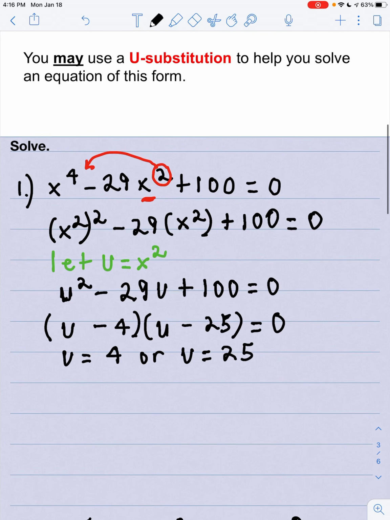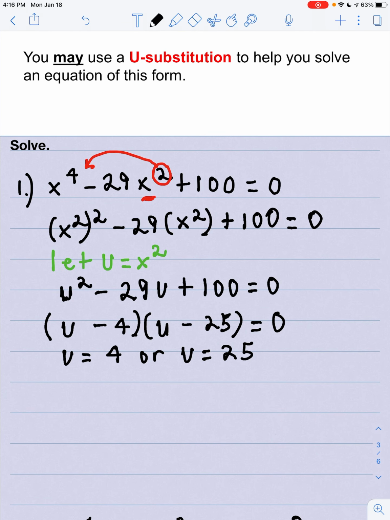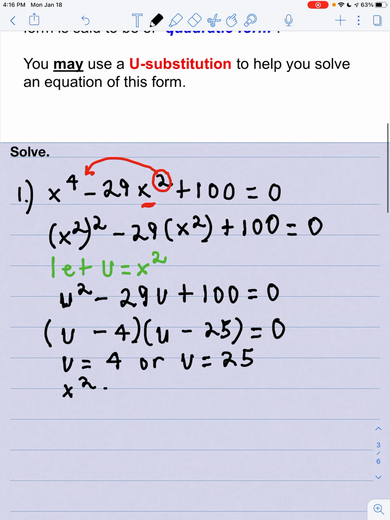Now, the thing I have to remember here is u is really x squared, so I have to go back and substitute in, and that means I'd have x squared equals 4 or x squared equals 25.